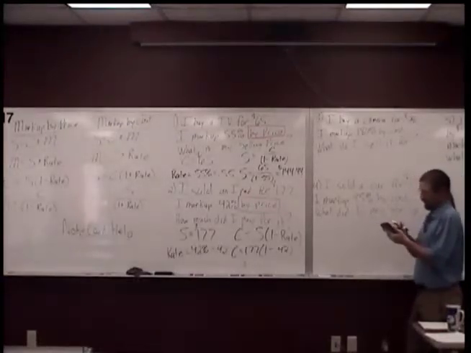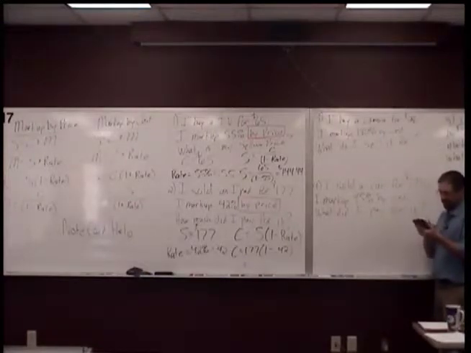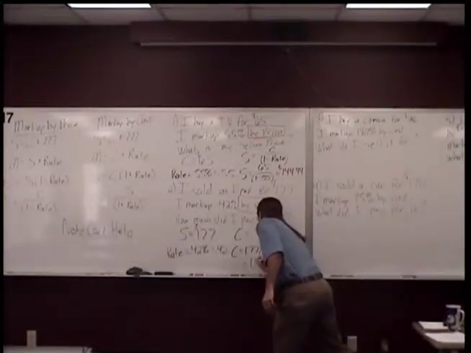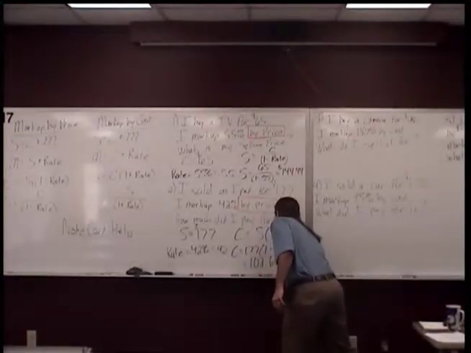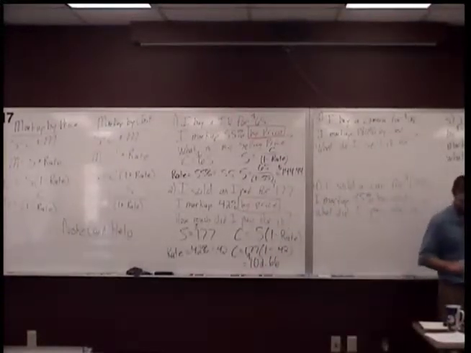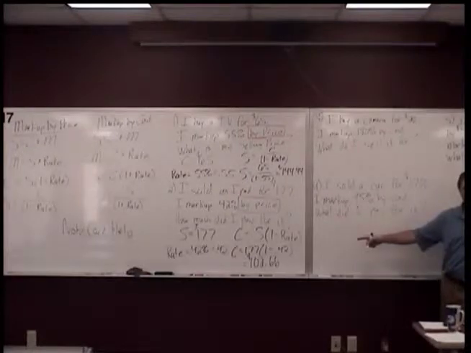So 177 times parentheses 1 minus 0.42. And we'll see that what I paid for this originally was $102.66.